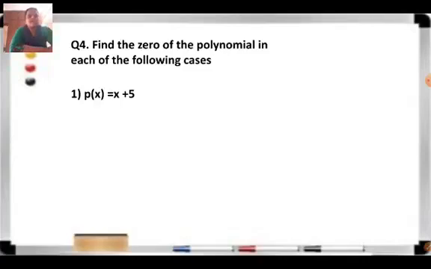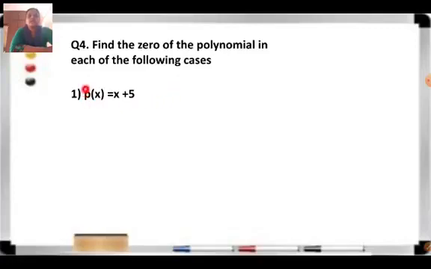They have given the expression P of x as x plus 5. So we will take that polynomial equal to 0 and find the value of x. This expression is x plus 5, so we take x plus 5 equal to 0, because what is the meaning of a zero of a polynomial?